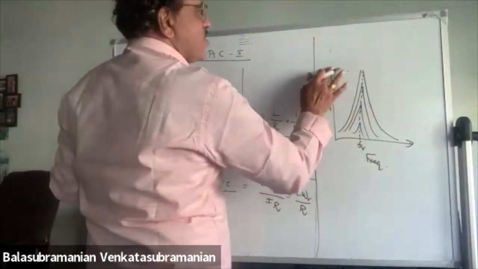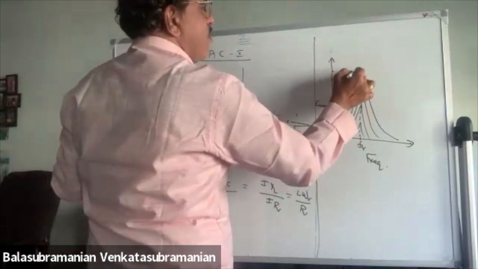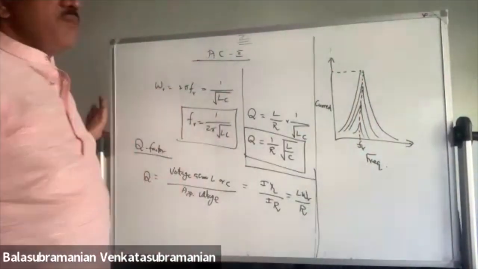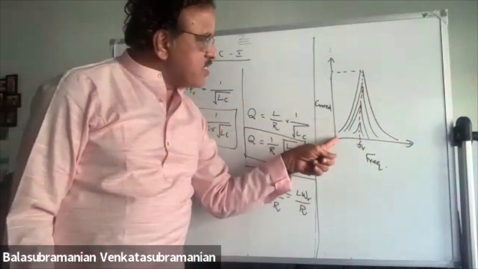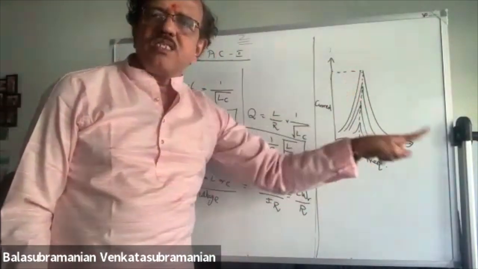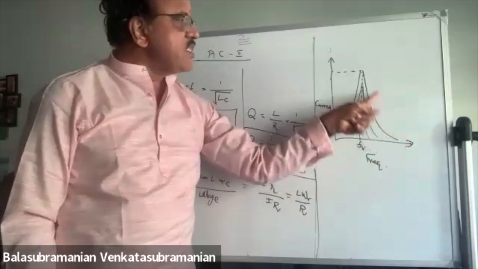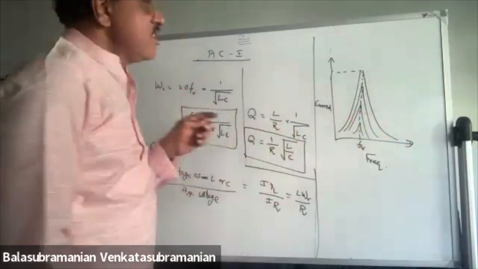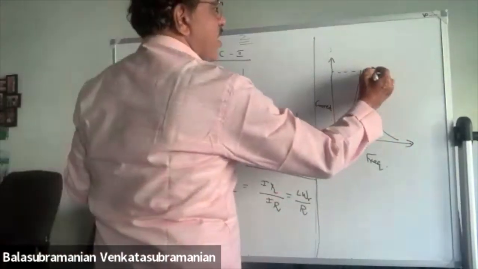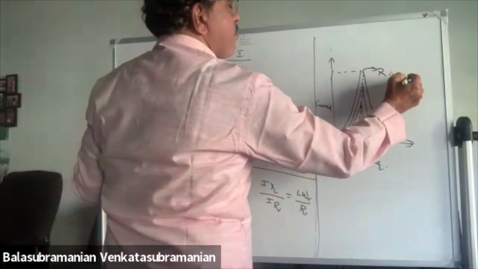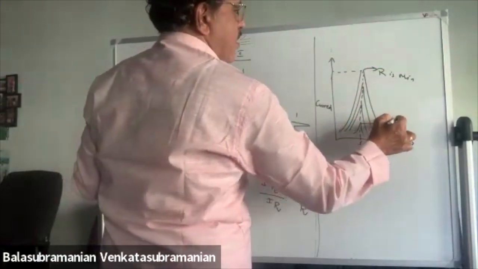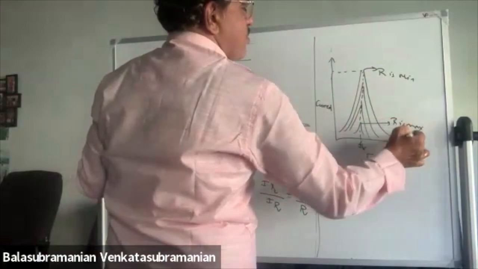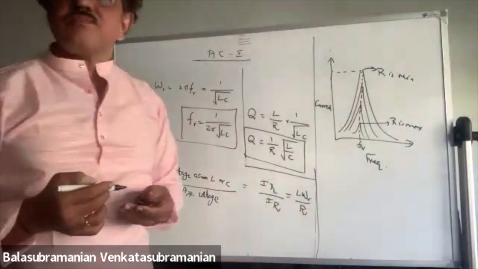At resonance, you can see here there is a maximum current. Up to the resonant frequency, as frequency increases, current increases. Beyond the resonant frequency, as frequency increases, current decreases. So here you can say R is minimum, so current is maximum. Here R is maximum, so current is minimum.